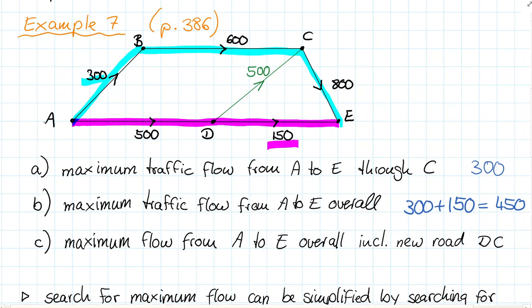Through the green road, another 500 cars can come, because here we have 500 and here we have 500. If the cars go this way, we have 300 coming out of this direction and 500 coming out of that direction, so the full 800 from C to E can be used. That means the new maximum flow for C to E, or overall from A to E, due to this new road is going to be 800.